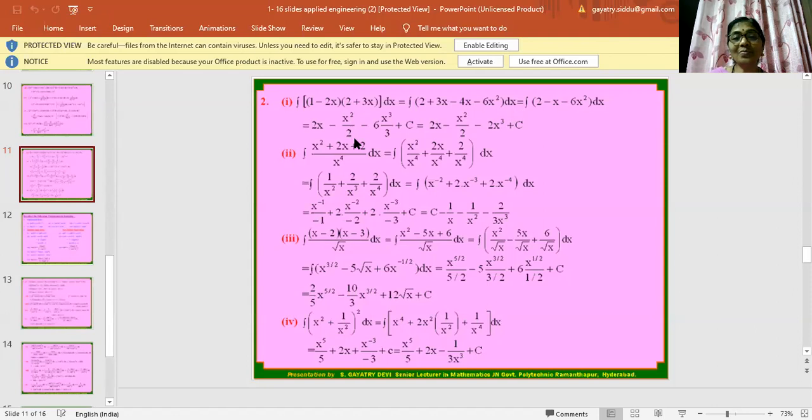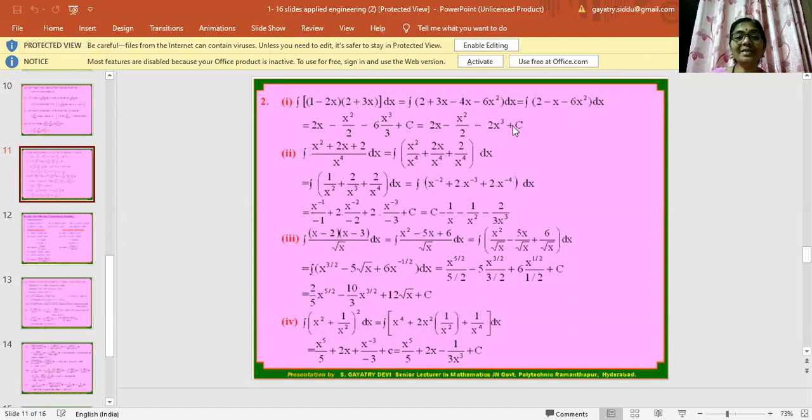So one step less. Minus 6 into, given is x square, so integration is giving you x power 2 plus 1 by 2 plus 1, which is x cubed by 3. Finally, integrating constant c. After simplification, we are getting 2x minus x square by 2 minus 2x cubed plus c.